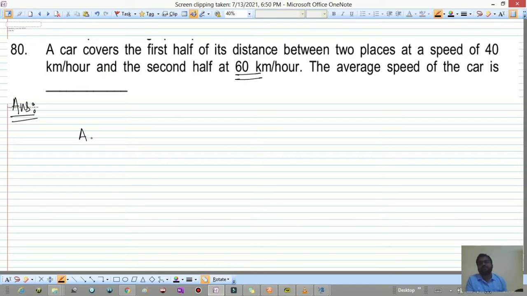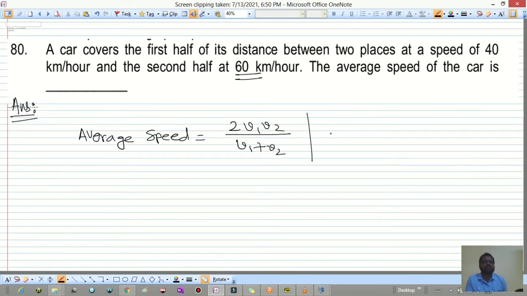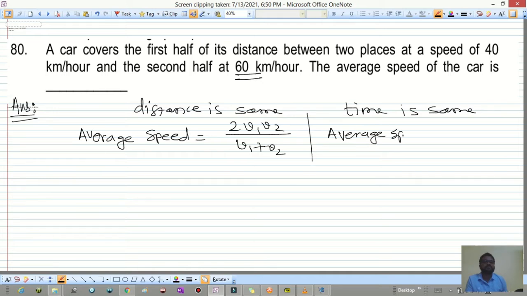So average speed when the distance is same is equal to 2 v1 v2 divided by v1 plus v2, and when the time is same, we have average speed equal to v1 plus v2 divided by 2.